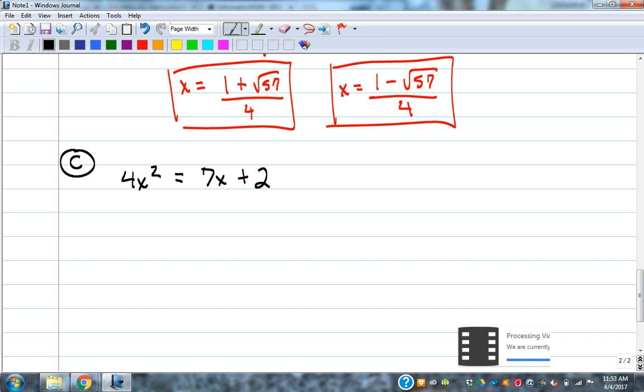That'd get a 0 on that side. That's a good idea. That's what I would do. These cancel. There's my 0. Negative 4x squared plus 7x plus 2. So now we have the quadratic in descending order, and it's equal to 0. That's what we need to do quadratic formula.